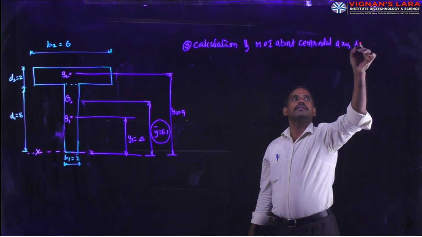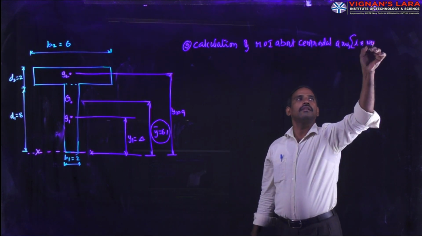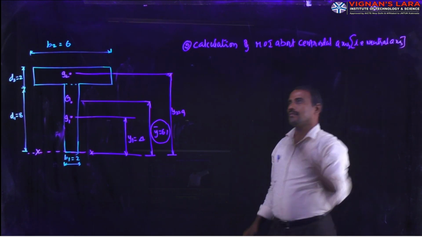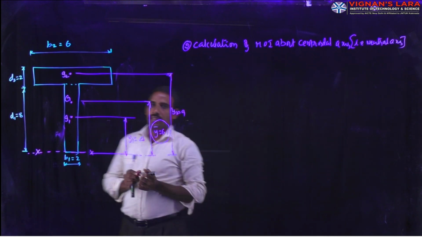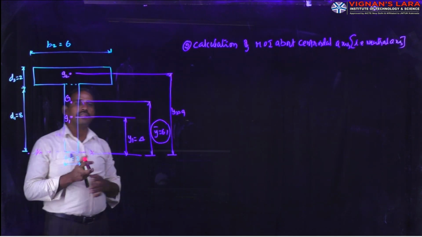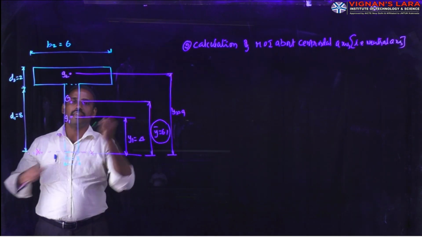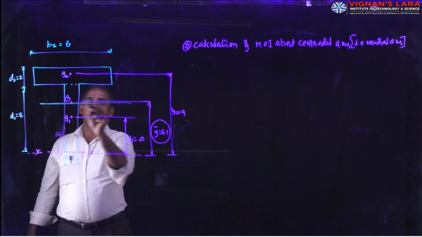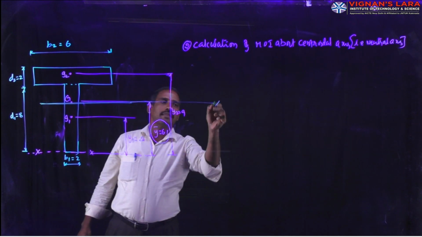Here we take the central axis as the neutral axis for our understanding. The centroid of the T section is represented by capital G. I would like to take that as an axis.